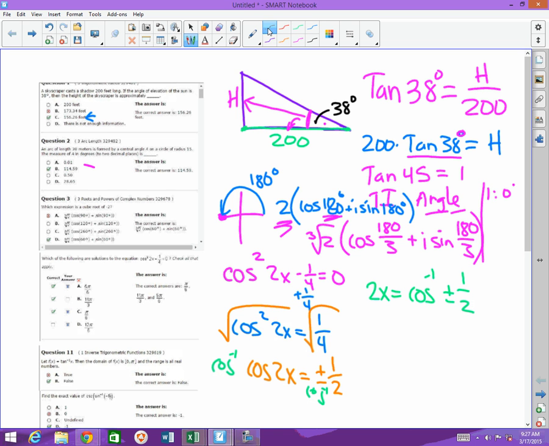On your calculator, if you do inverse cosine of a positive 1/2, you will get 60 degrees, or pi over 3 is the radian measure. And then inverse cosine of a negative 1/2 would be 120 degrees, or 2 pi over 3.